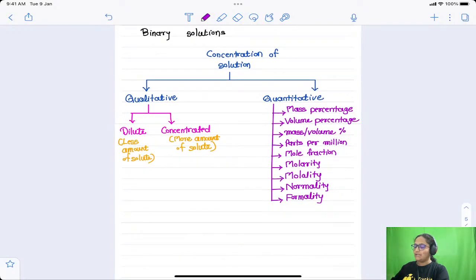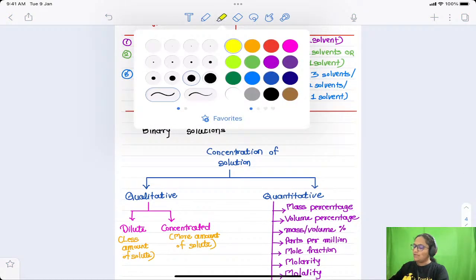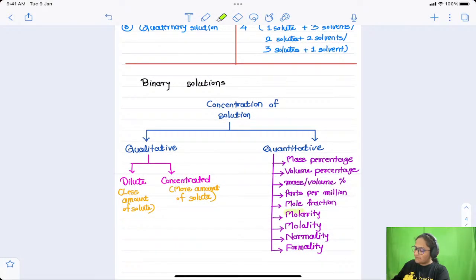These are the quantitative ways of expressing the concentration, out of which in today's session we are going to discuss the molarity in detail.